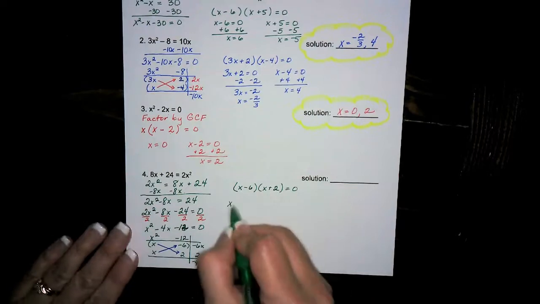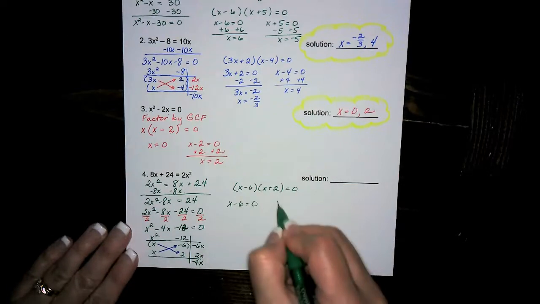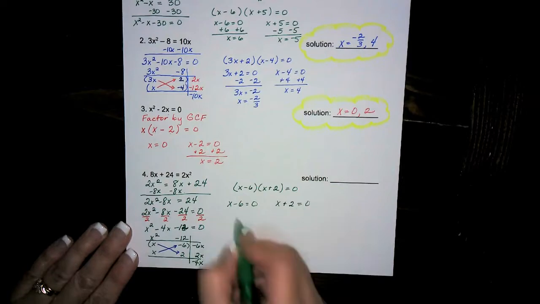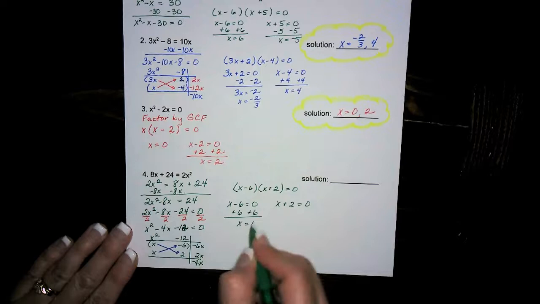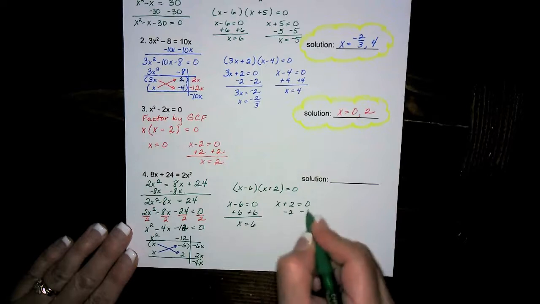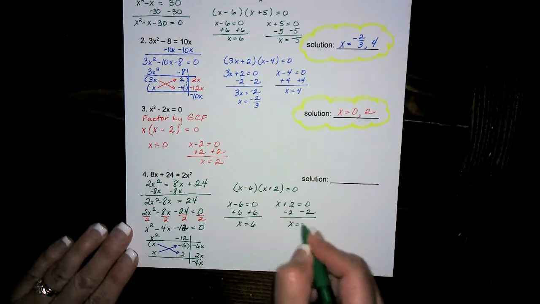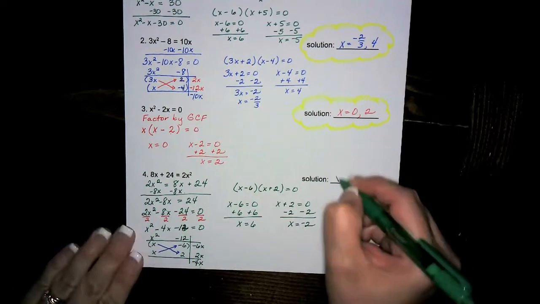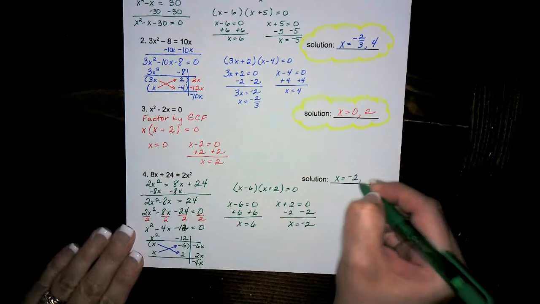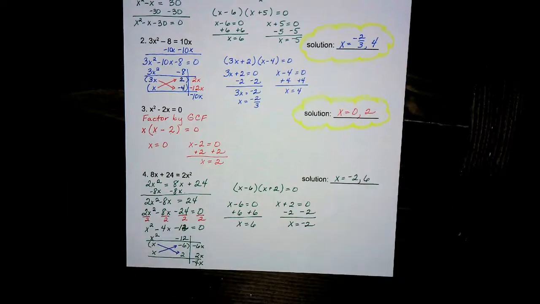Now set both of those equal to 0, and we can solve. So that gives me x equals 6 here, and minus 2 gives me x equals negative 2 right there. All right, so my solutions here are x equals negative 2 and 6.